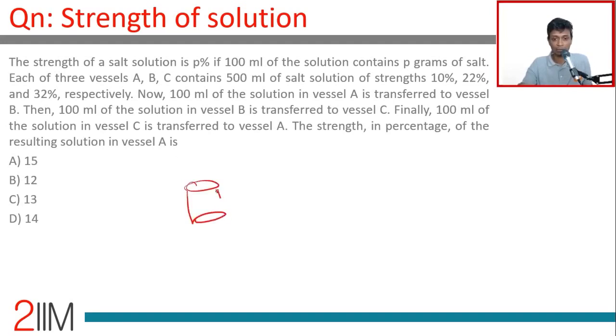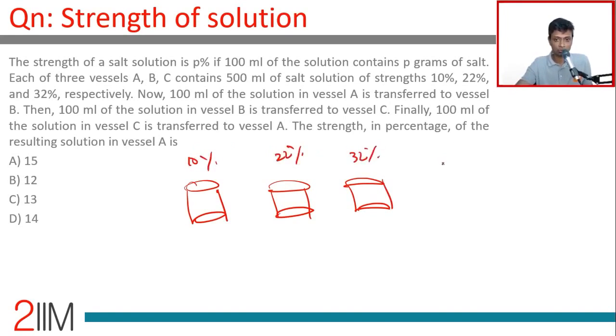So if this is P% and 100 ml of solution contains P grams of salt, this is 500 ml. So 50 grams of salt. 22 into 5, 110 grams of salt, 160 grams of salt.